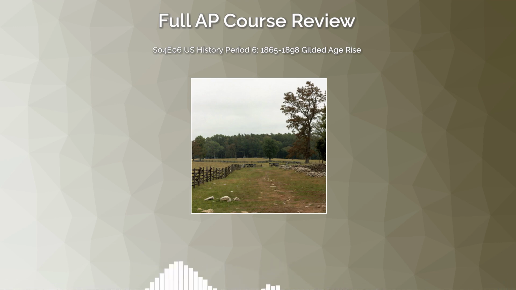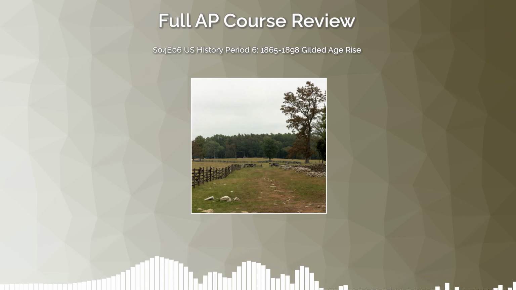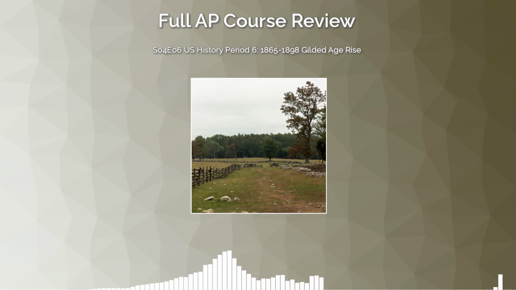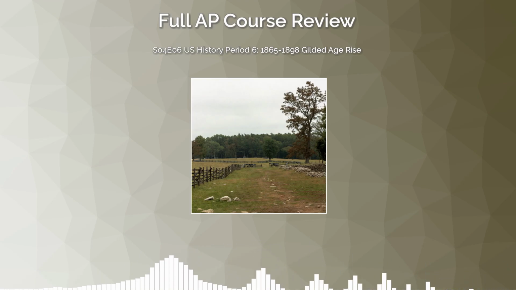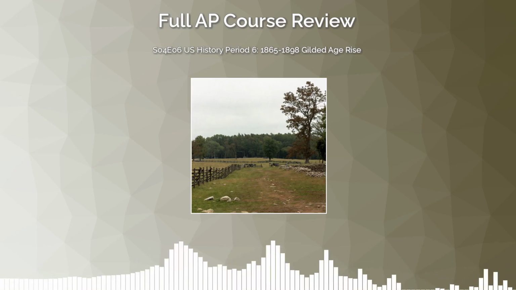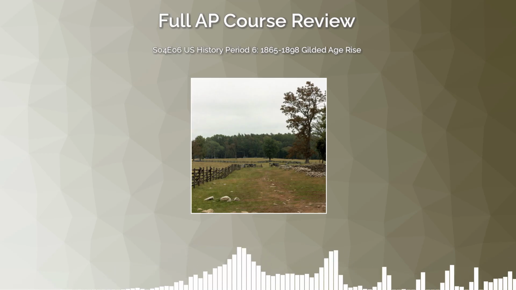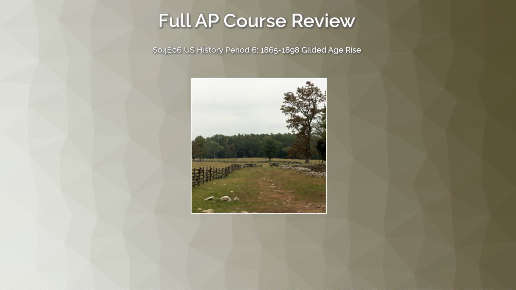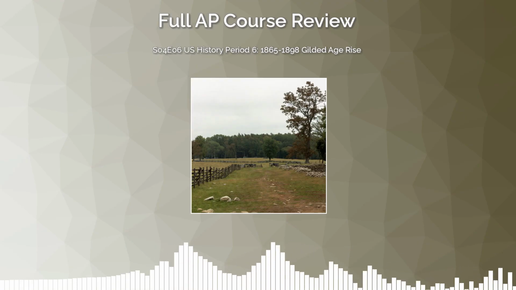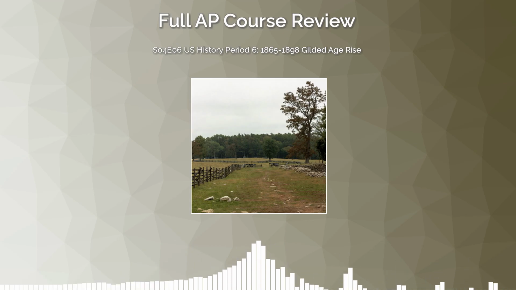central to this period. Westward expansion during this era is not the romanticized pioneer story of earlier decades. This is the completion of continental conquest, and it comes at a devastating cost to Native American communities. Federal policies like the Dawes Act of 1887 aim to break up tribal land and assimilate indigenous peoples, which is a polite word for the systematic dismantling of cultures, languages, and ways of life.